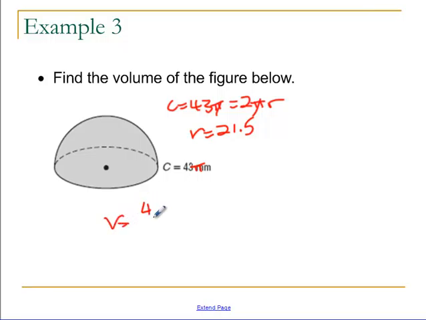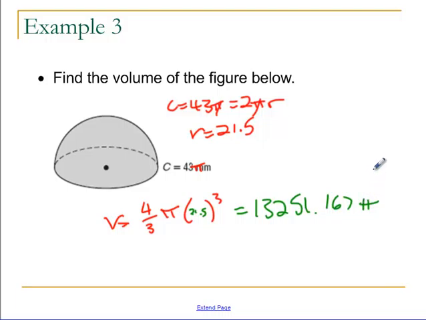So volume 4/3 pi r to the third power, and r in this case is 21.5. So 21.5 to the third power. Let's multiply by 4/3, and I get that the volume is 13251.167 with a pi at the end. That's a bad pi.